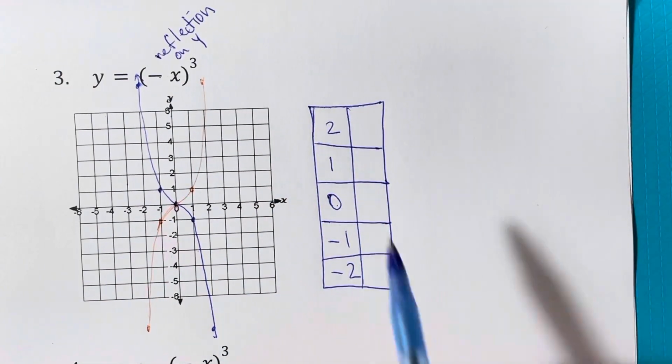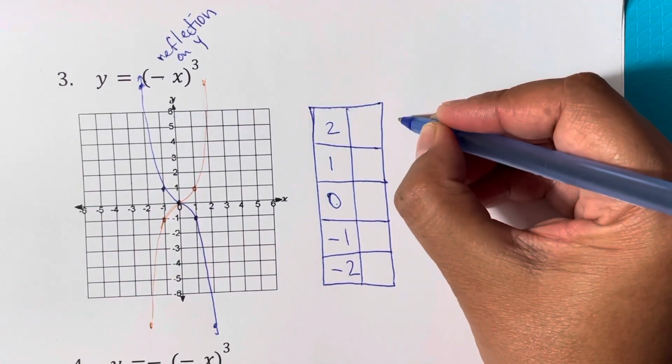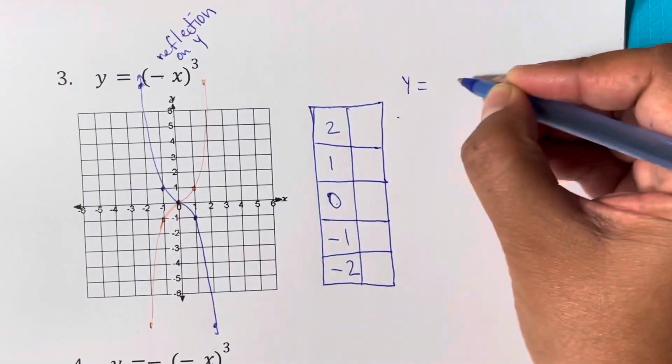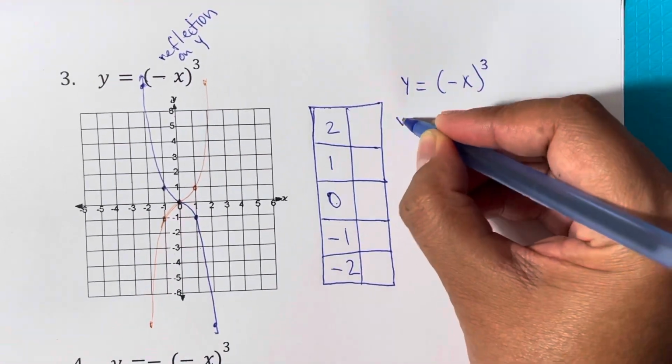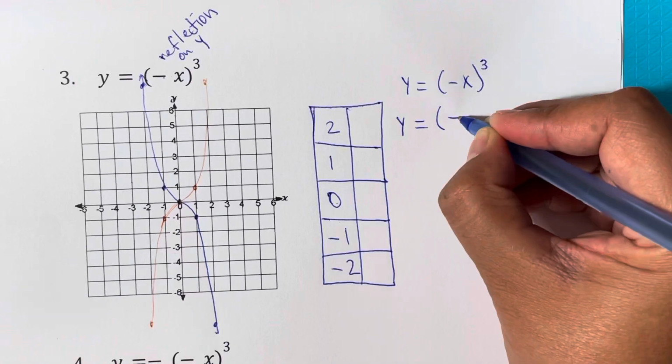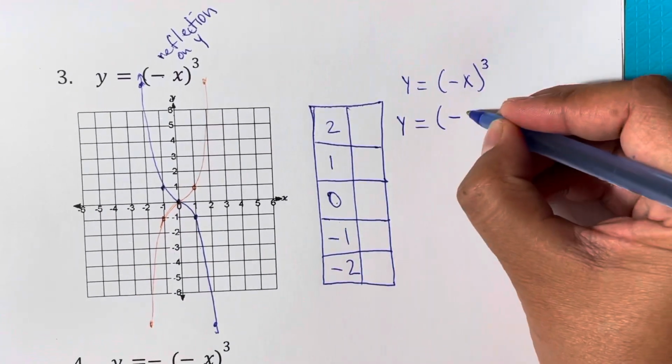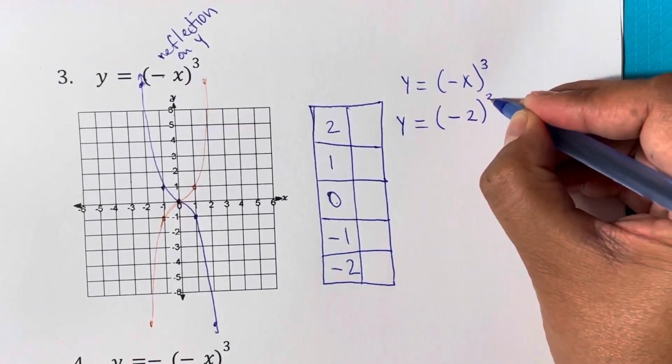Now let's do the table. So in here, we have y is equals to negative x cubed. So it's going to be y is equals to negative, substitute the 2, and everything to the third power.